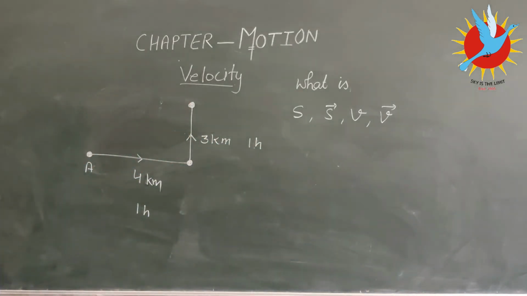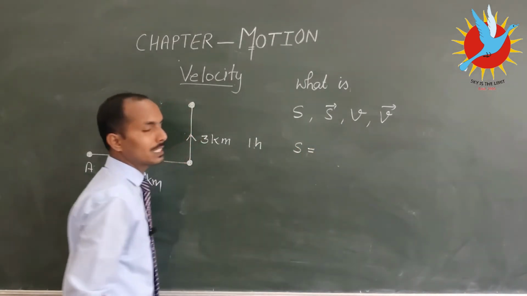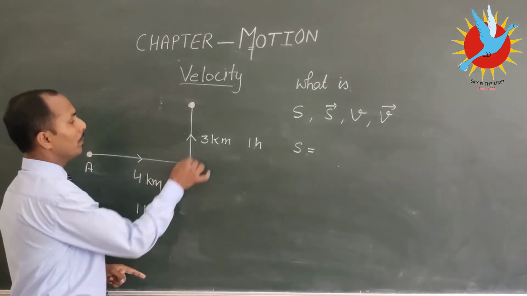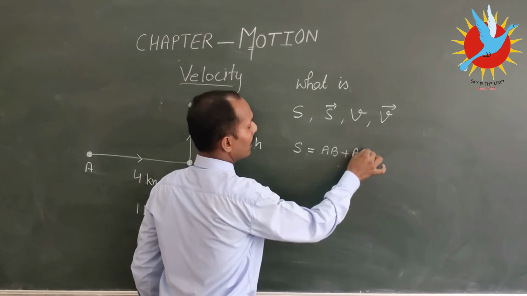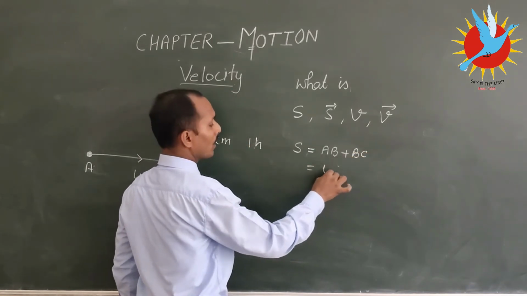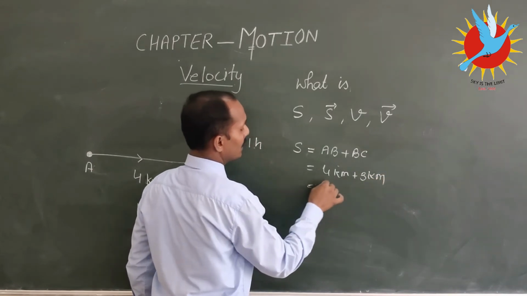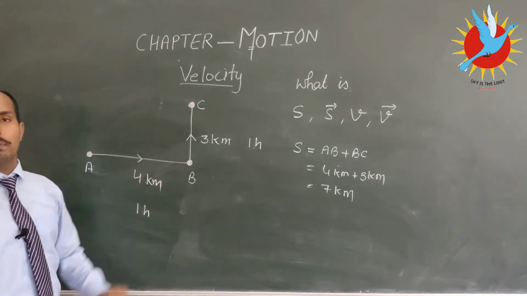It's very easy. What's the definition of distance? The actual path covered by the body from A to B, B to C. It means AB plus BC, which is 4 kilometer plus 3 kilometer. So 7 kilometer is the total distance covered by the person.